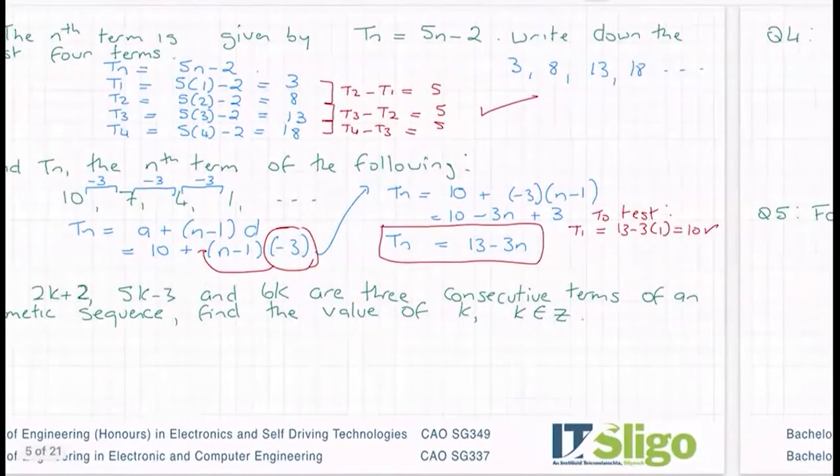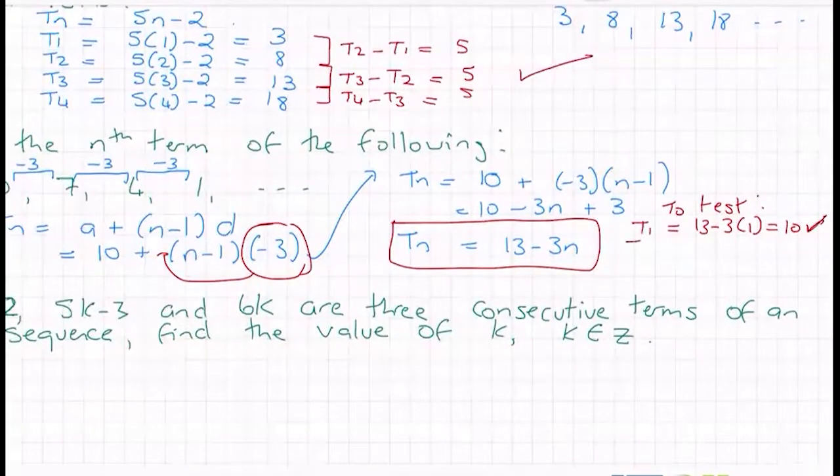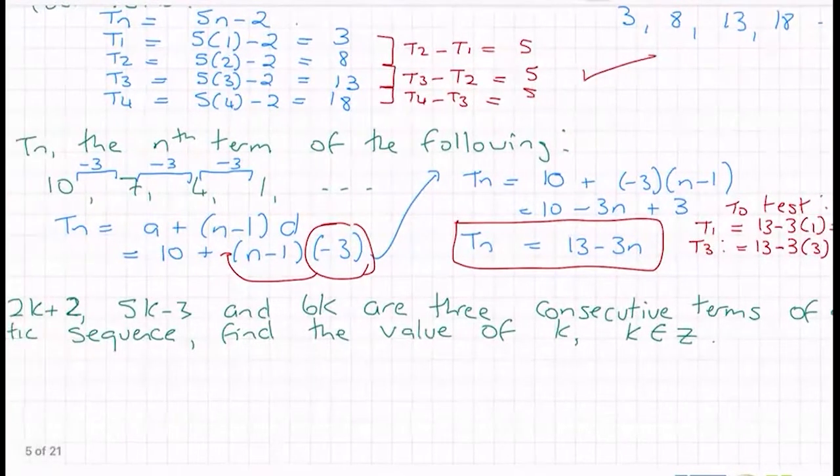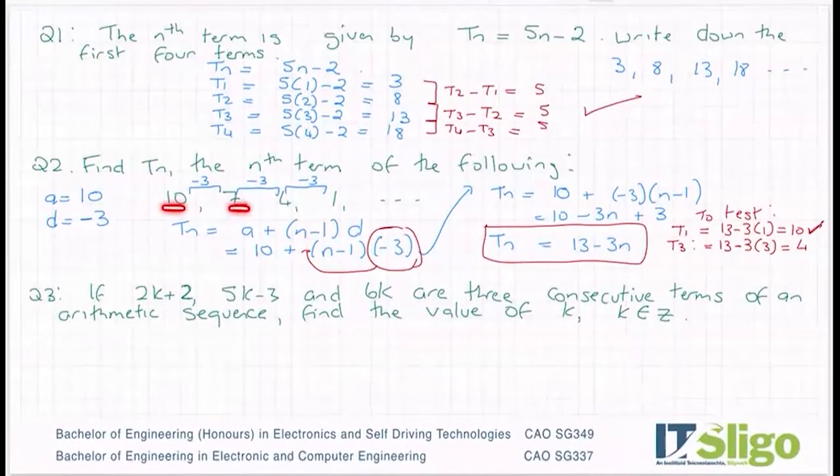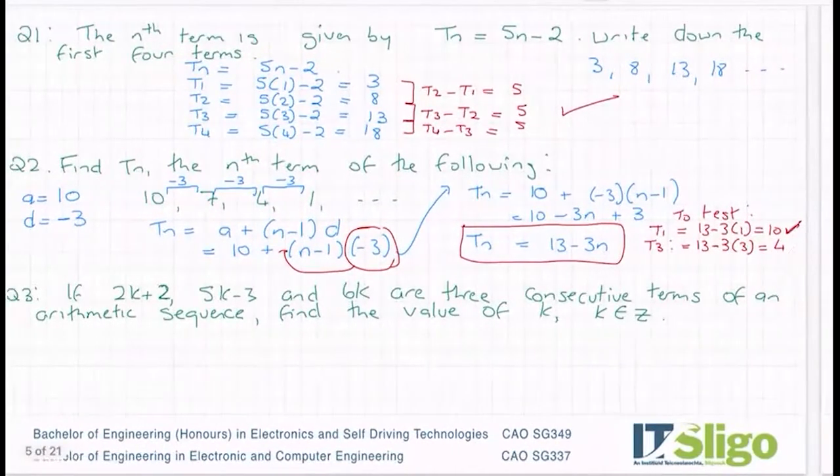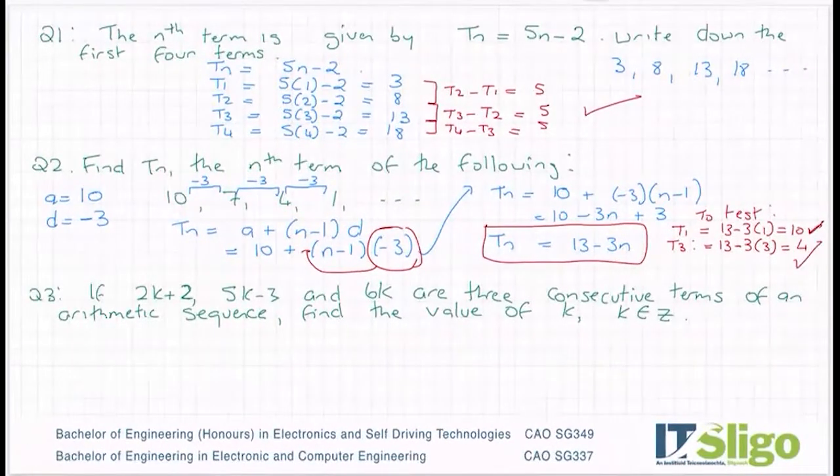That looks good. I'm happy with that. Let's test T3, for example. It's equal to 13 minus 3 times 3. So 3 threes are 9, 13 minus 9 is 4. Is my third term 4? Yeah. So now I have confidence in my Tn formula.